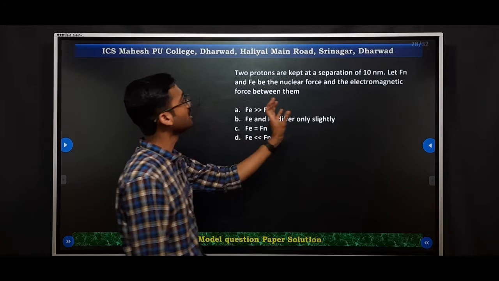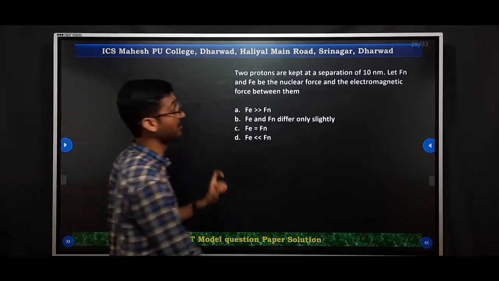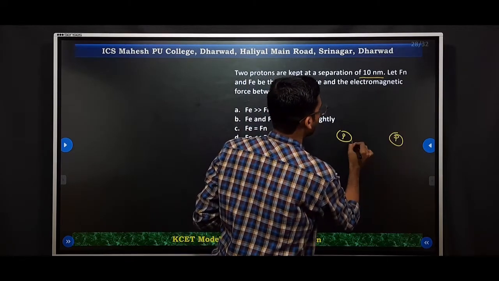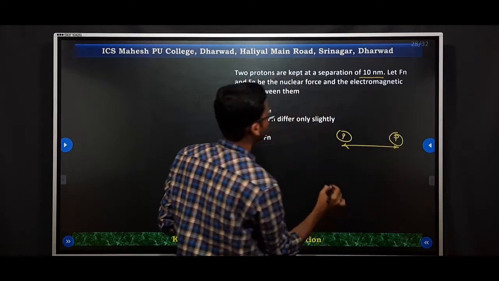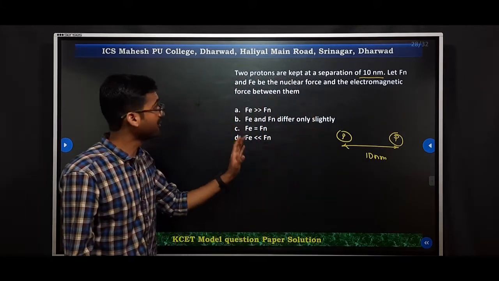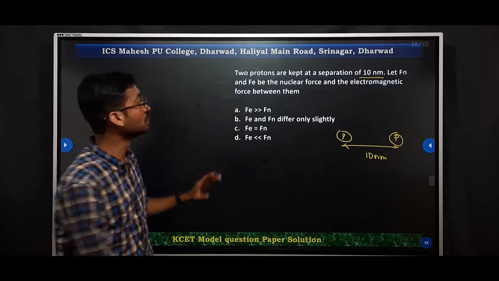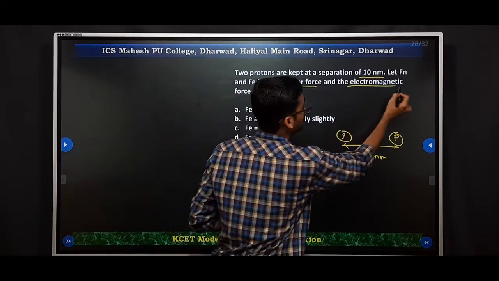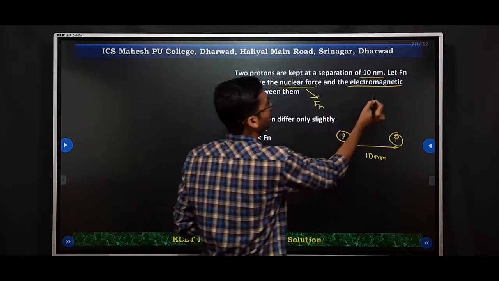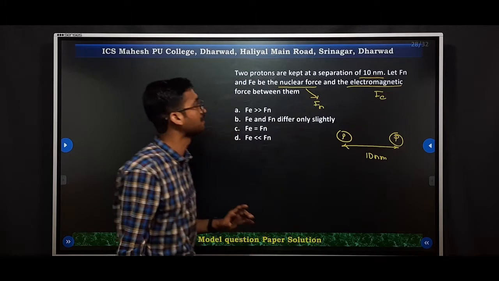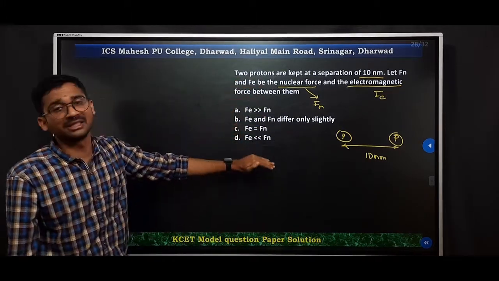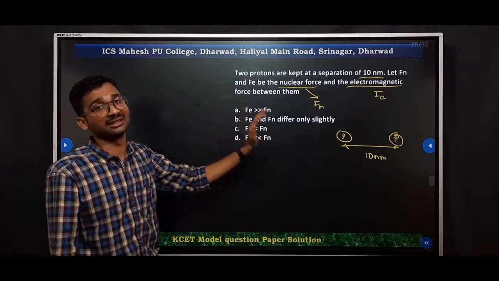Two protons are kept at a separation of 10 nanometer. That is, proton 1 and proton 2 are kept at a certain distance of 10 nanometer. Let Fn and Fe be the nuclear force and the electromagnetic force. For nuclear force we have F subscript N, and for electromagnetic force we have F subscript E. Now check out the data, thereafter answer the question.